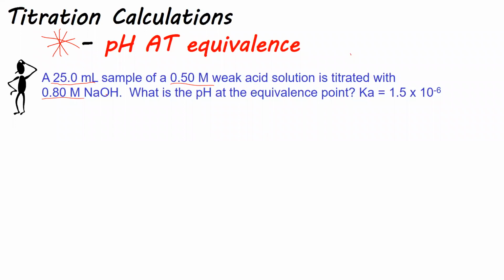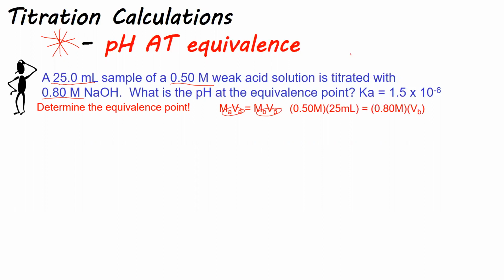So first we need to know what volume of base will get us to that equivalence point. So I use MAVA equals MBVB, where A stands for acid and B stands for base. And this is a 1-to-1 reaction, so it should work.